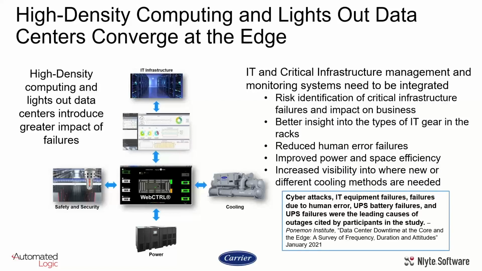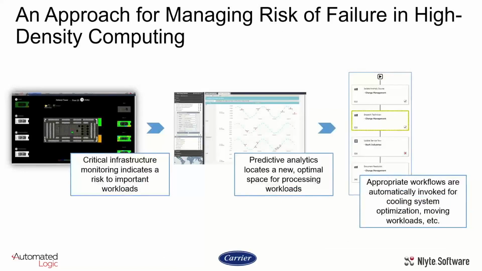We've also gained improvements in power and space efficiency, as we just discussed around the creative elements of design. And lastly, you get increased visibility into where new or different cooling methods are needed. Hold on to that thought for a second, because we'll come back to it.